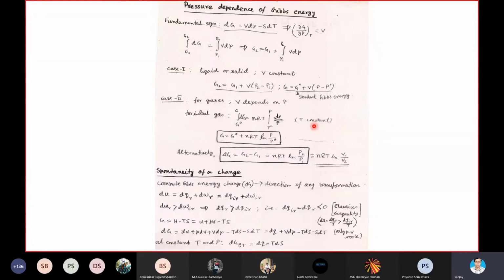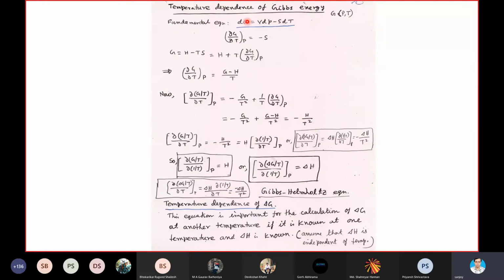So this is basically the temperature and pressure dependence. Why does this temperature and pressure dependence come? Because the fundamental equation is always our starting point. Remember that the fundamental equation is the starting point, and this expression shows that Gibbs energy depends on pressure and temperature. That is for a closed system.